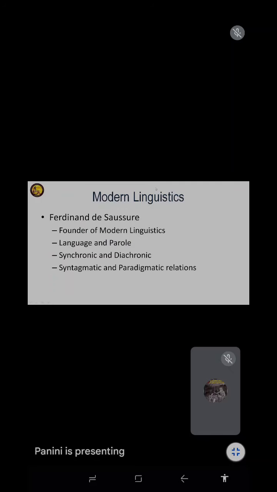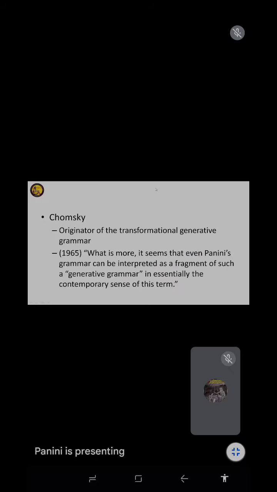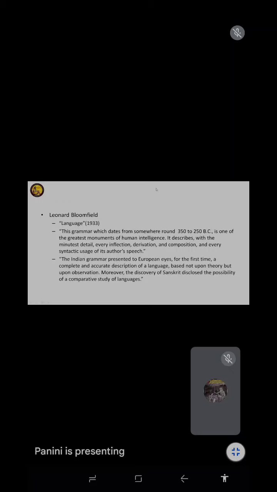And these basic vocabularies were taken as the basis of grouping languages. The contribution of comparative linguistics is the formation of families of languages. Whatever we know, Indo-European, Indo-Aryan, say Tibeto-Burman, whatever classes of language, the families we know today, it was the contribution of comparative philology, which gave us the concept of families of languages.